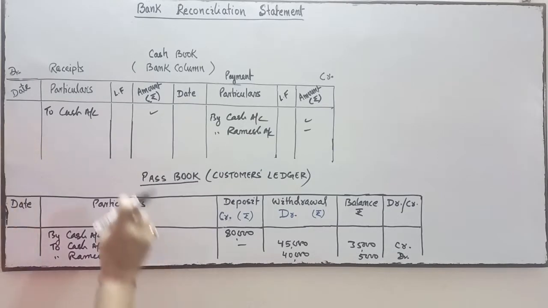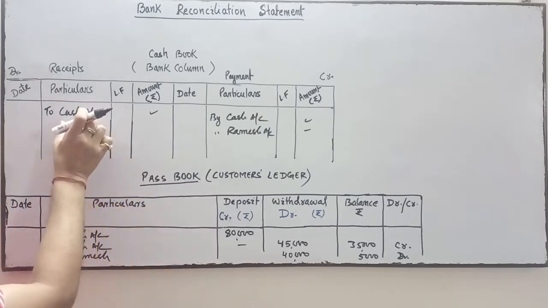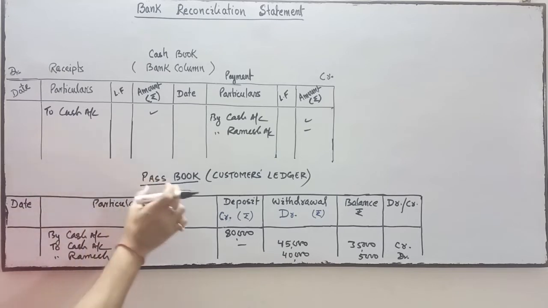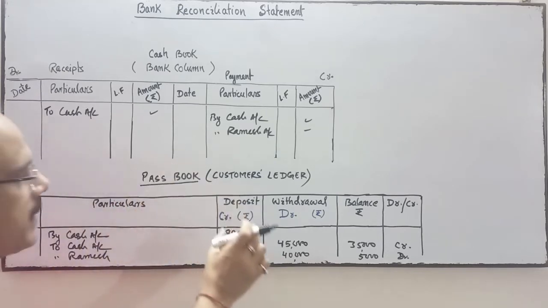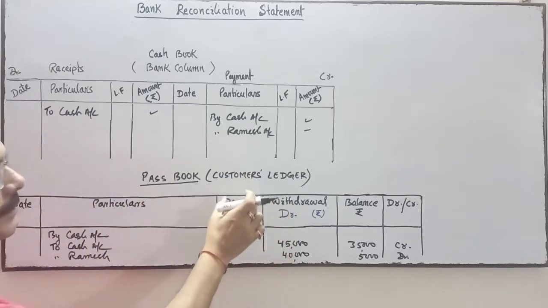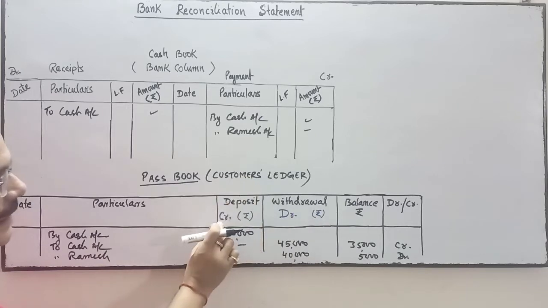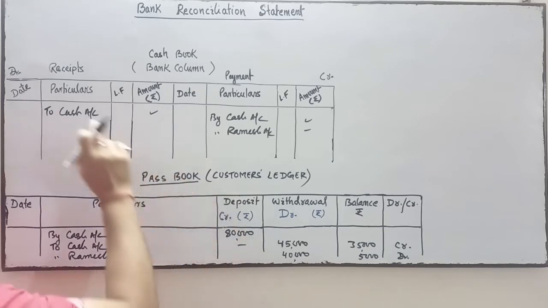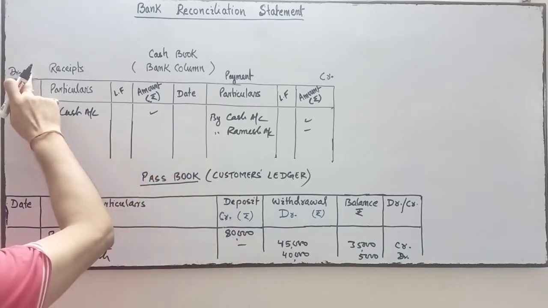So whatever entry we record on the debit side of the cash book, the same entry is recorded by the bank in the passbook in the customer ledger on which side? Credit side. Deposit is credit, and here deposit is debit.